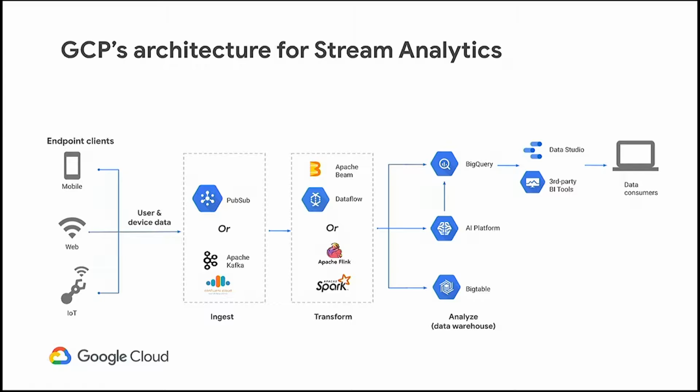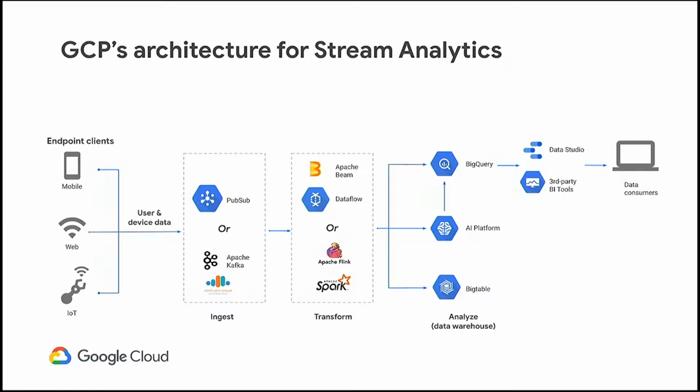Now, once you ingested the data, you tend to start processing it. And if you prefer the Apache Beam framework that provides you with unified batch and streaming, that is portable, then you can run it on Cloud Dataflow. Cloud Dataflow uses Apache Beam as its SDK. If you're a fan of Flink or structured Spark streaming, you have options in Cloud Dataproc, which is another managed service provided by the Google Cloud.